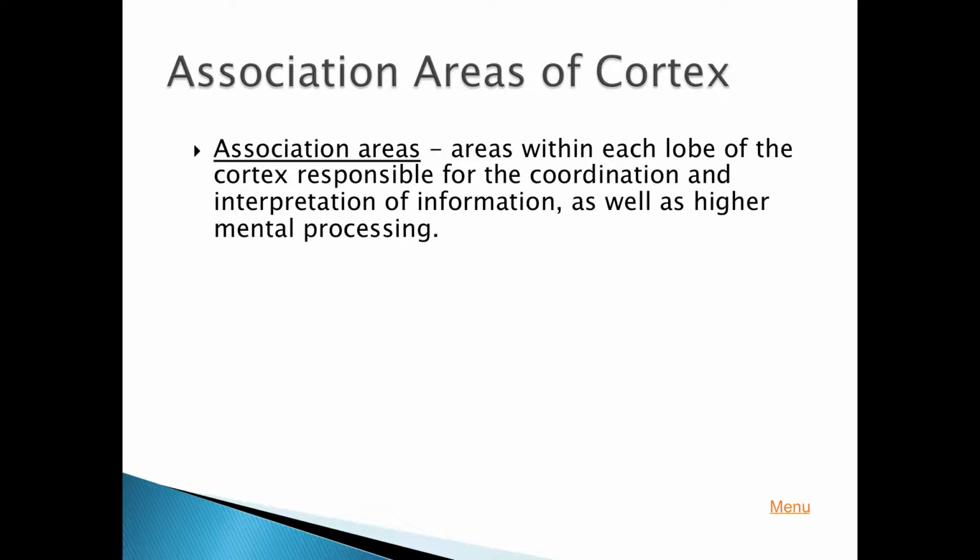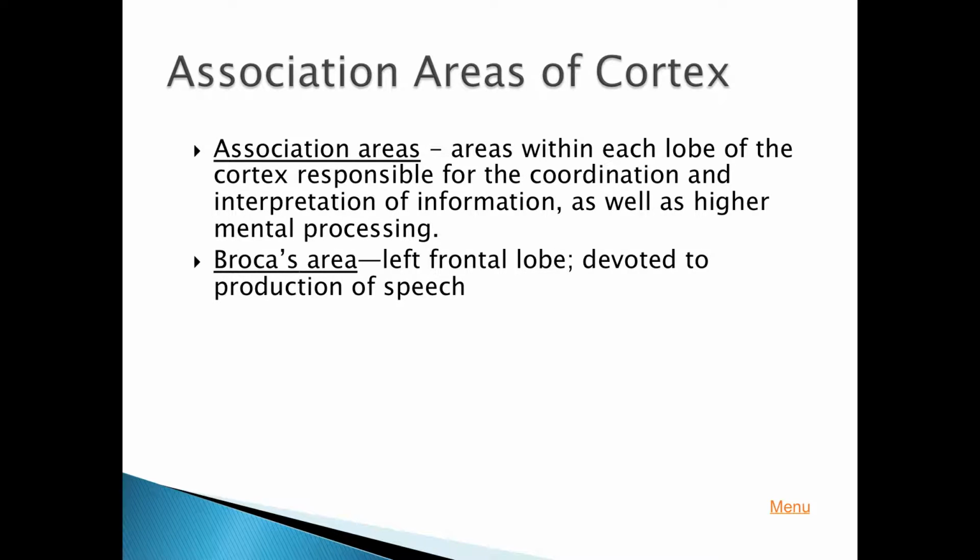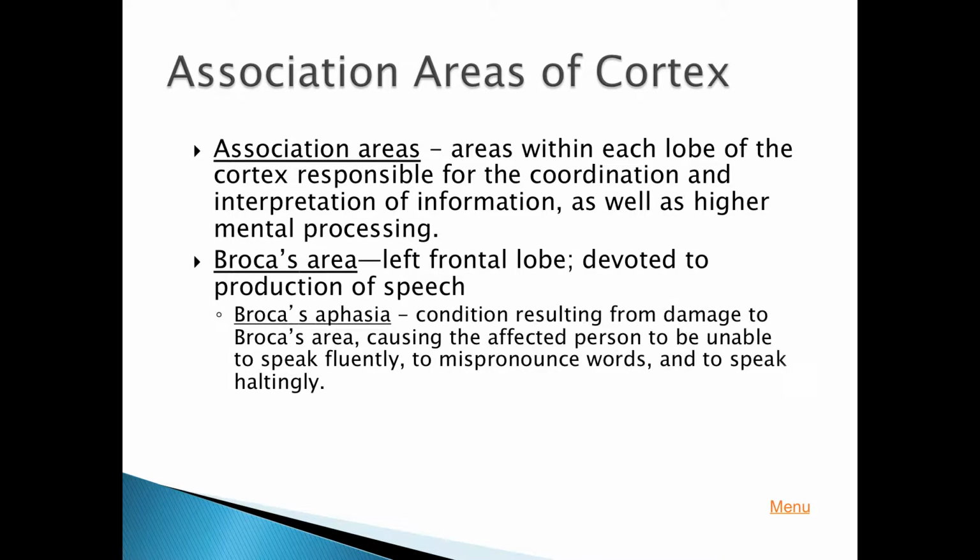So the area within each lobe of the cortex becomes responsible for processing and interpreting very specific information that it receives. Broca's area in the left frontal lobe is devoted to the production of speech. Somebody who has damage here is going to have a very difficult time with the production of speech. They may know exactly what it is that they want to say, but they're having a very difficult time producing that.